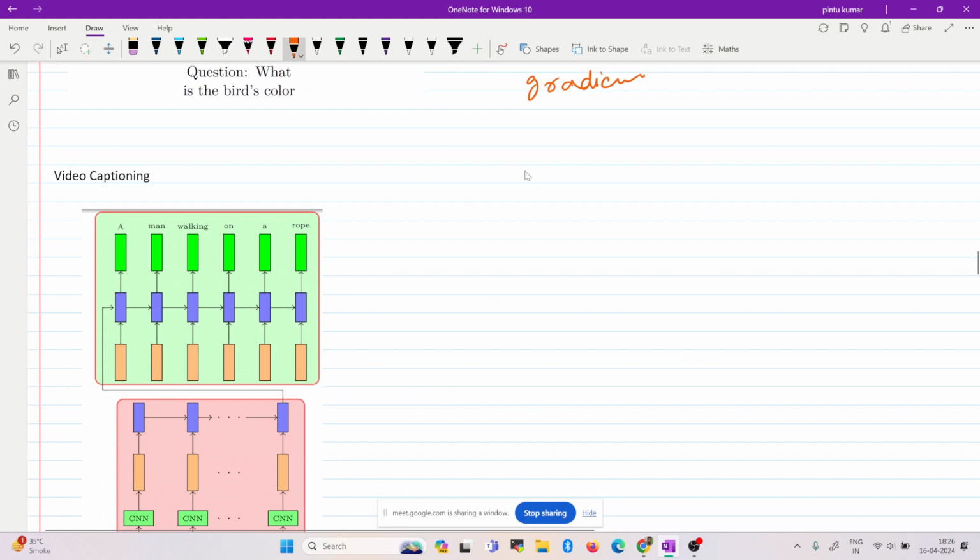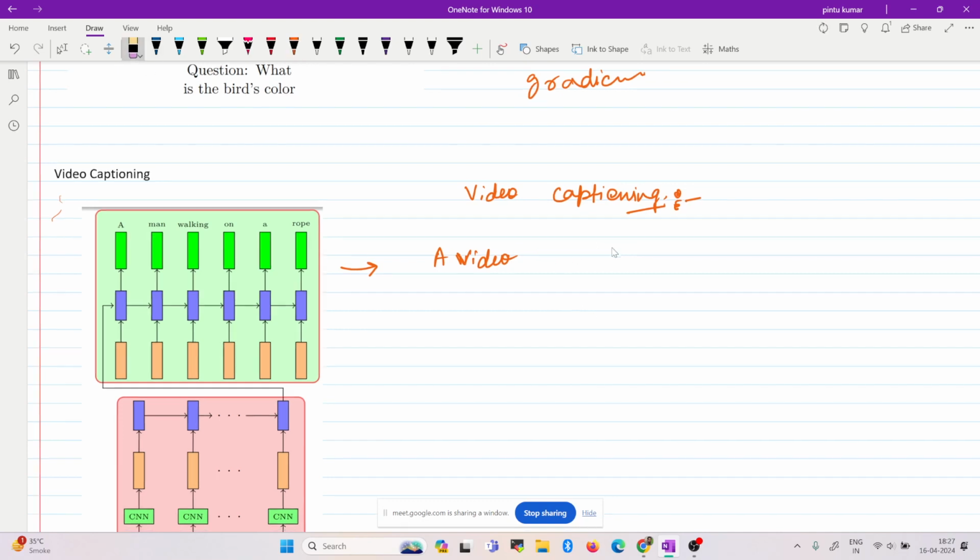Okay, another task that is important is video captioning, right? So the task is you are given a video and you have to generate a caption for this particular video.